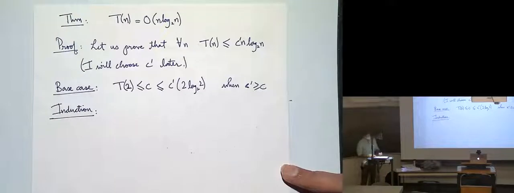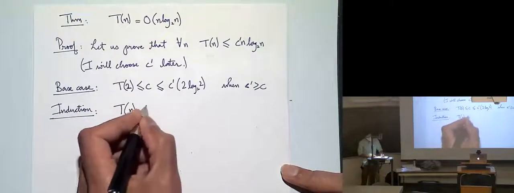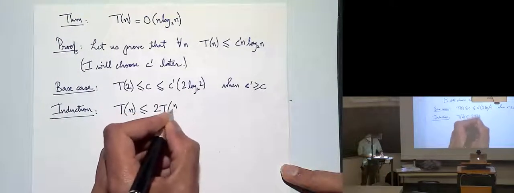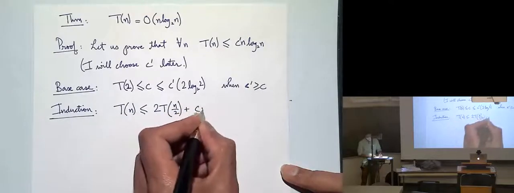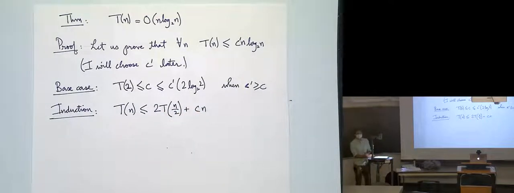Now let's do the induction. So T of n is at most 2 T of n over 2 plus C times n. Okay?